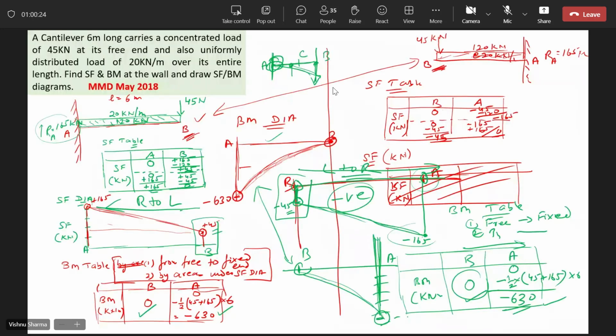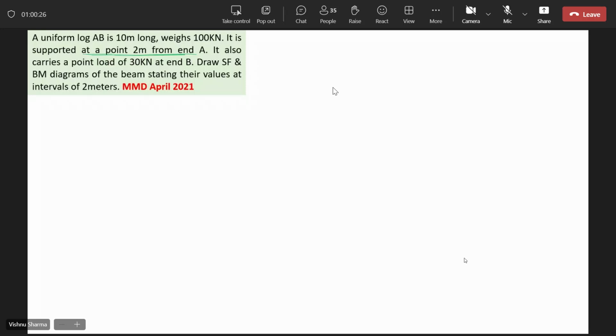Now you see, guys, it's a single point support. Do you agree with me? It's a single point support, guys. Yes or no? Now, a beam cannot be supported at a single point unless that point gets fixed in a wall. That means this can remain like this only if this is the log of wood, of uniform cross section, AB.